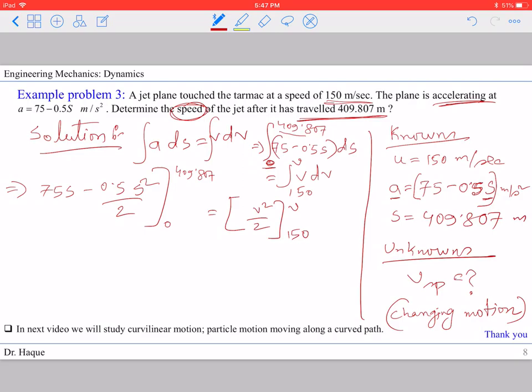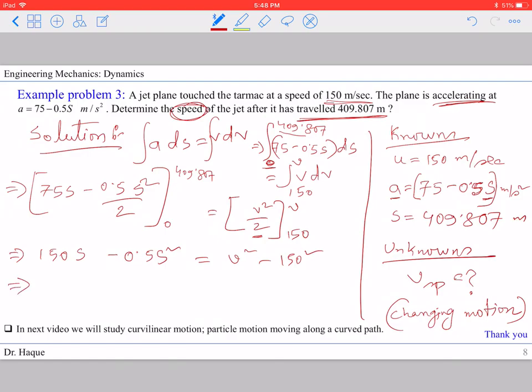Now if we take this 2 out and move it to the other side, we get 150 s minus 0.5 s squared on the left, and on the right hand side, v squared minus 150 whole squared.